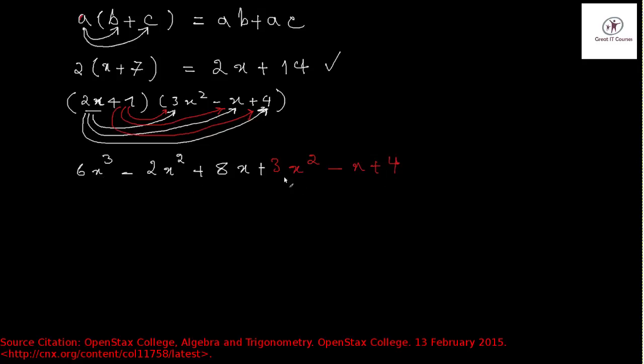We don't have any like terms for x cubed, so you write 6x cubed; minus 2x squared plus 3x squared is plus x squared; 8x minus x is 7x; and then plus 4, and that is your answer. So 6x cubed plus x squared plus 7x plus 4.